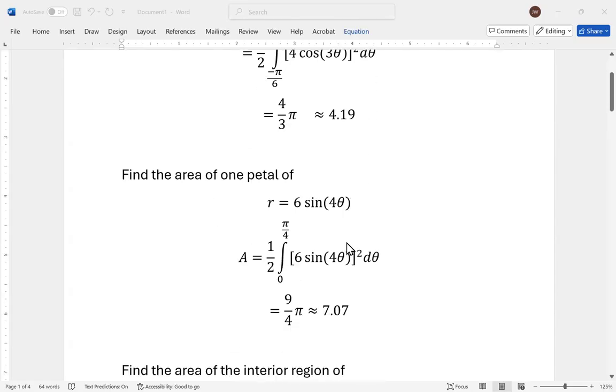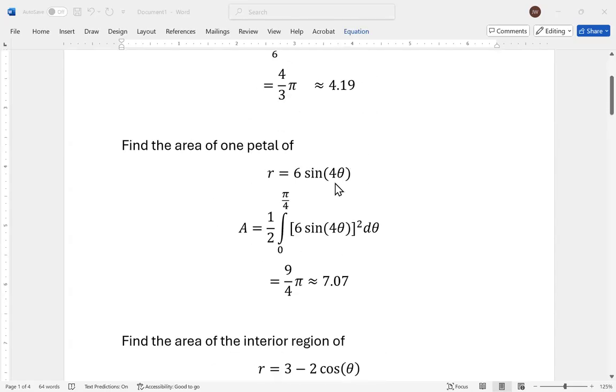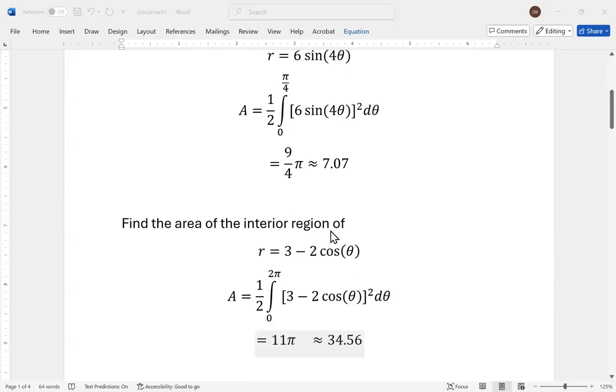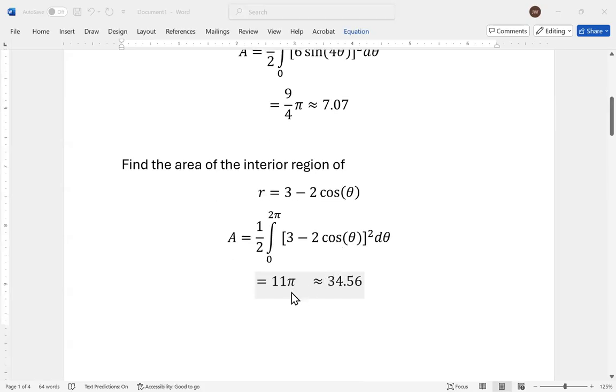The rose curve with 8 petals came out as 9/4 times pi, which again, I gave you the decimal version. And then the interior region of that limaçon, which was dimpled, came out to 11 pi.